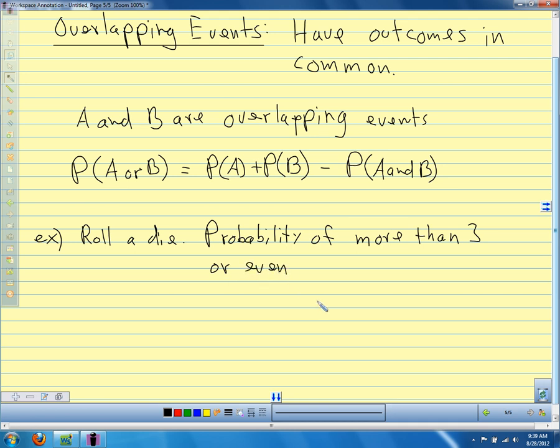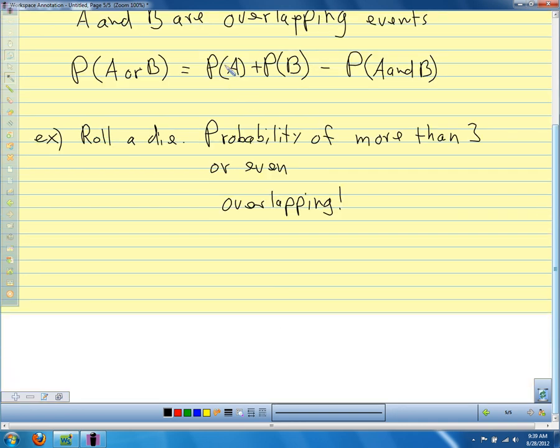So we decided these are overlapping. So we need to calculate the probability of greater than 3, probability of even, and the probability of even and greater than 3. So let's calculate the probability of, I'll write it this way, more than 3.